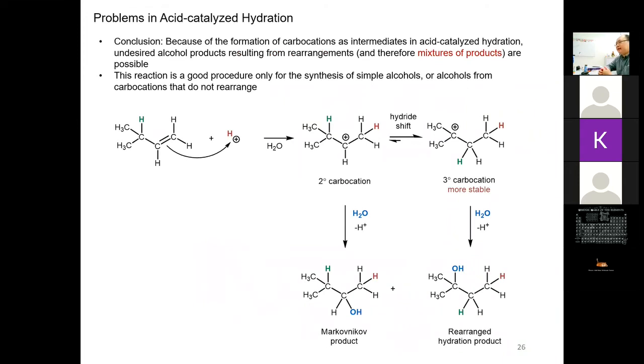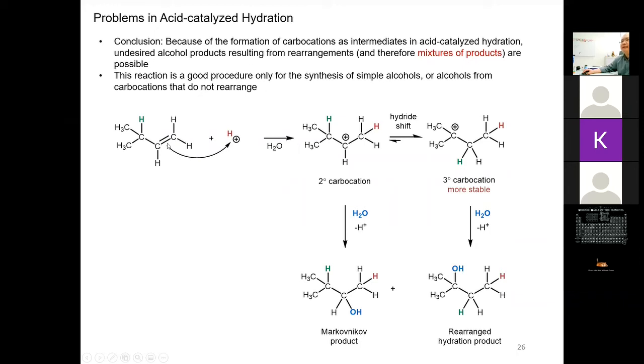Another similarity between the hydration and the HX addition is that because you generate a carbocation, and as we learned in the first lecture of this class, the carbocation can rearrange. So because of the formation of carbocations, there is a rearranged product.